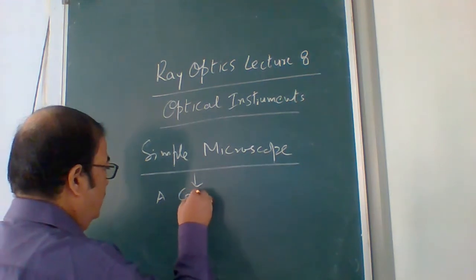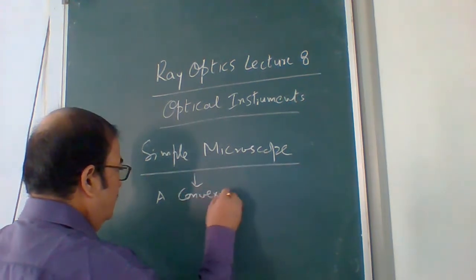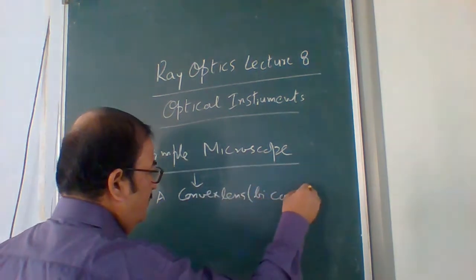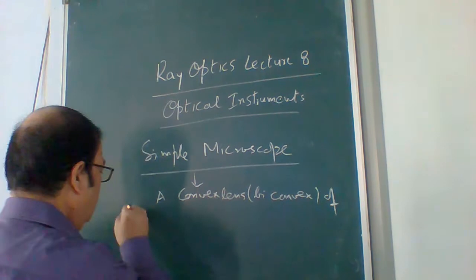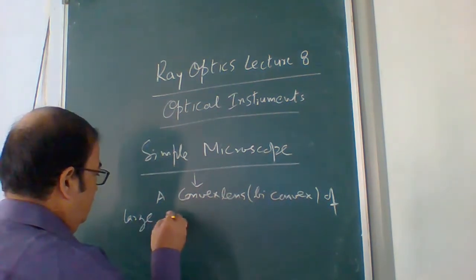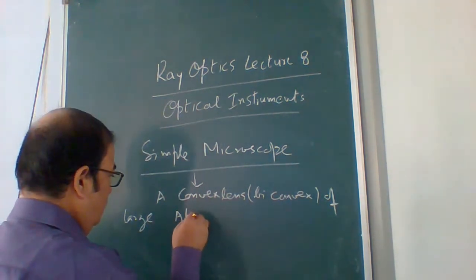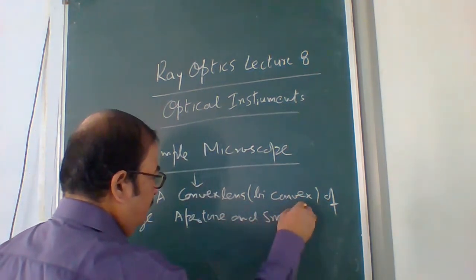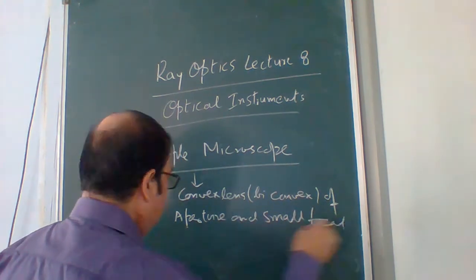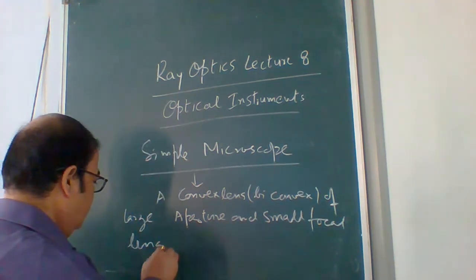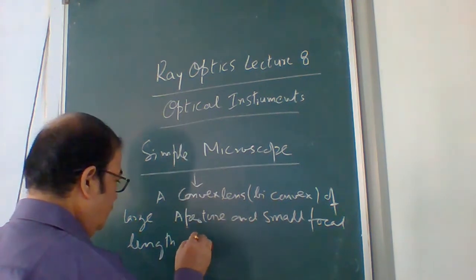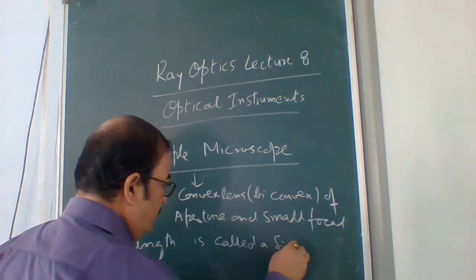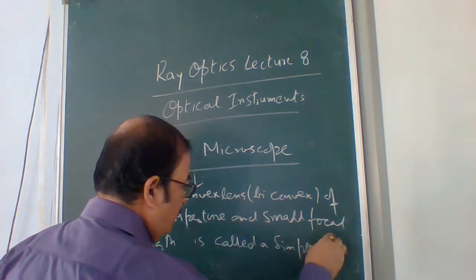A convex lens, biconvex, of large aperture and small focal length is called a simple microscope.